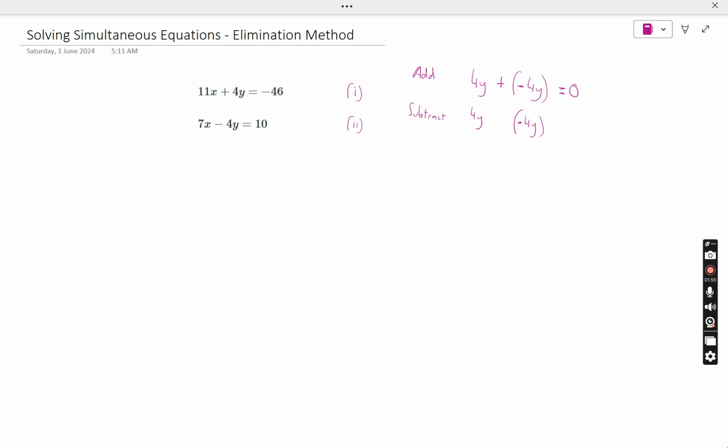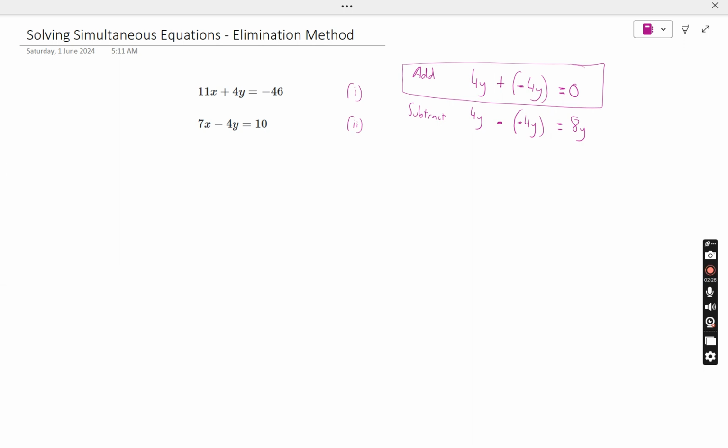In the second example, if I was to be subtracting, then I would have 4y minus negative 4y, which is the same thing as 4y plus 4y, which is 8y. So in this example, we want to be adding both equations together. That's a quick little check that you can do to figure out, are we trying to add the equations together or are we trying to subtract the equations?